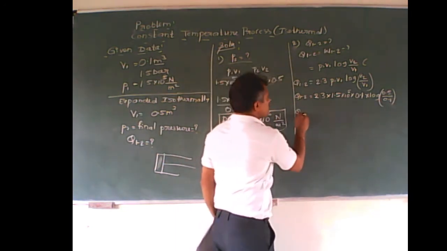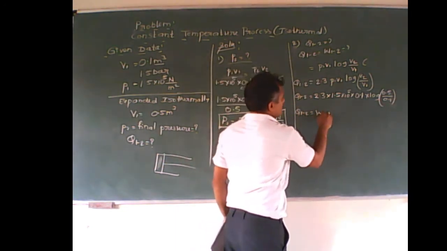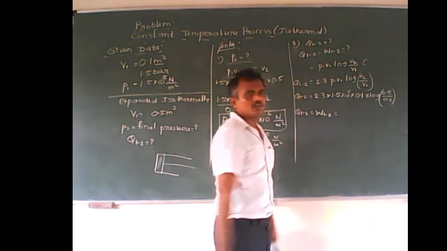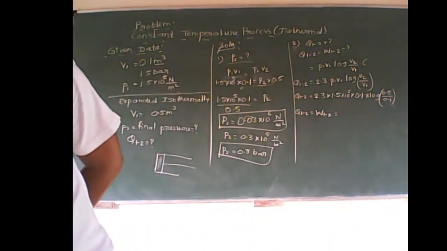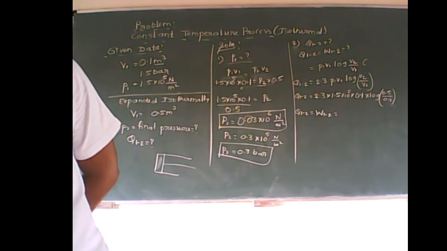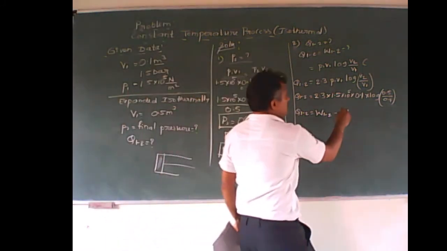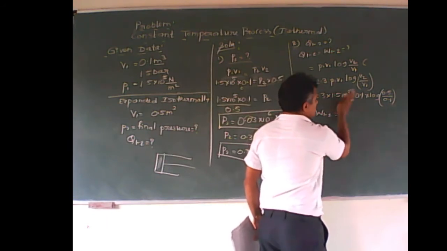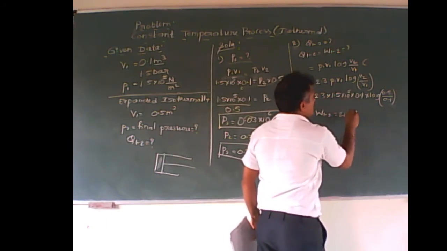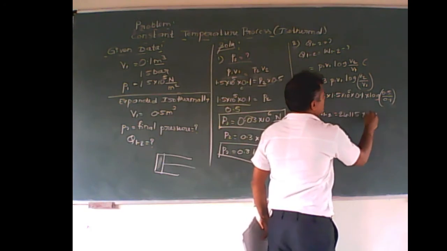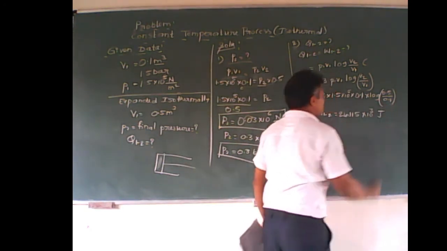The answer you are getting is in joules, 24.115 into 10 raised to 3 joules.